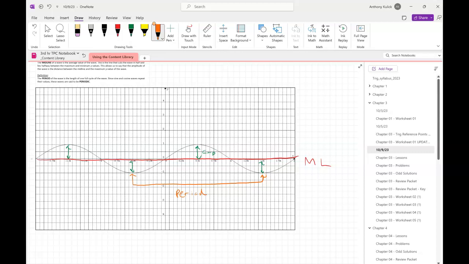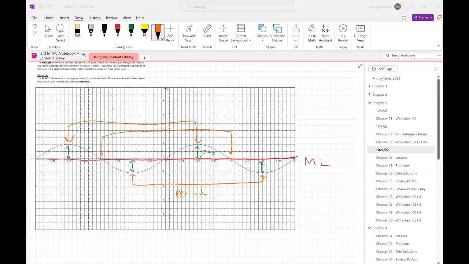Or you could go from max to max, or you could go from a midline point to another midline point, presuming that you got both an up and a down in between. So I could do a period from here to there, or from there to there. Any kind of full cycle is going to be fine. You guys kind of see what I'm saying there?